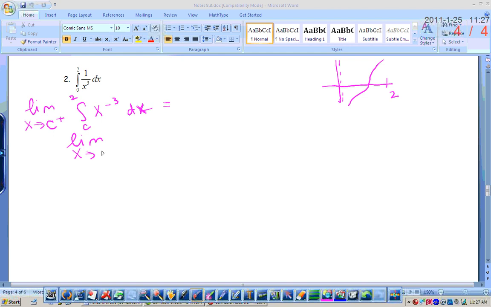So limit as x approaches c from the right. Integral of x to the negative 3. Yeah, because I'm confused. So it's the limit as c approaches 0 from the right.